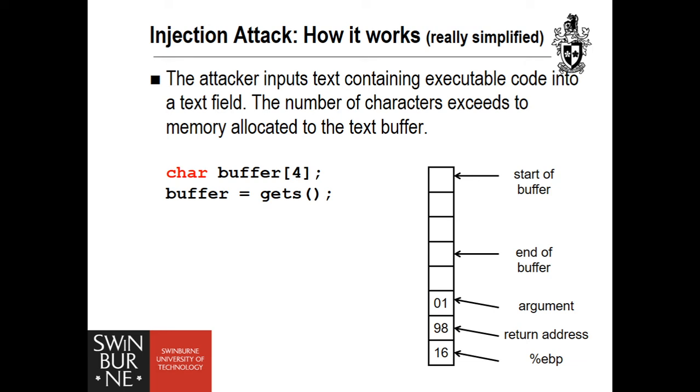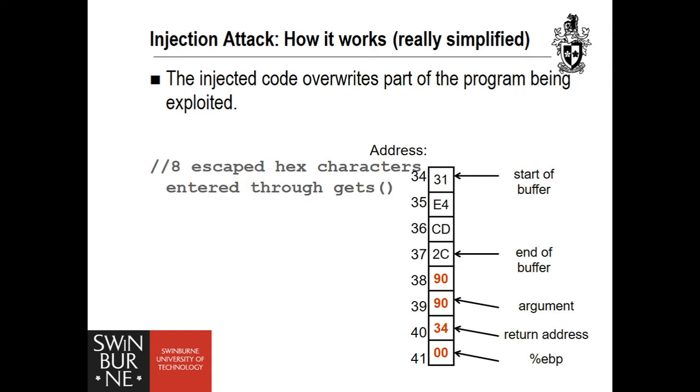In the text field, usually the attacker will put something. In this case, we put the executable code into the text field. The injected code overrides parts of the program being exploited. This is how it works.